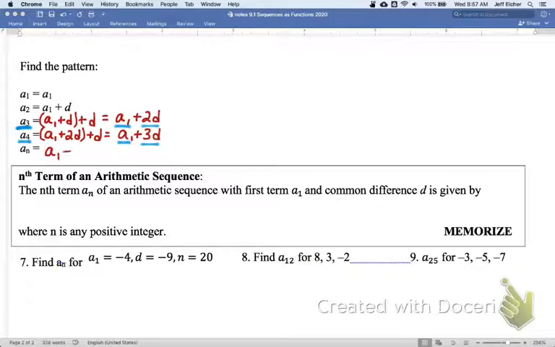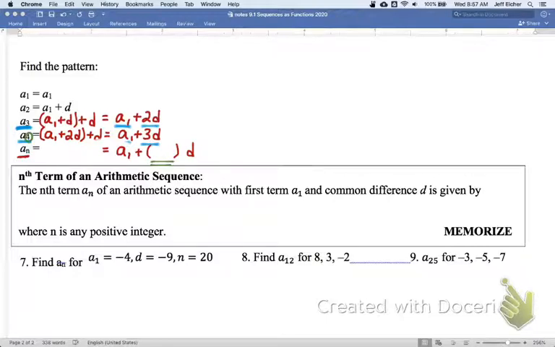a sub 1 plus how many d's? Maybe I'll write it over here so you can see the parallel here. We do a sub 1 plus how many d's? So a sub n is how many of those?